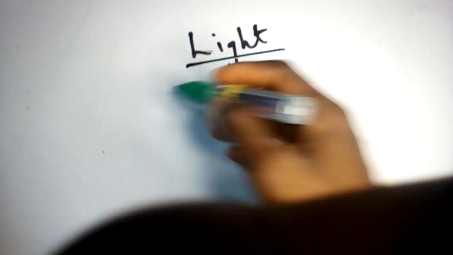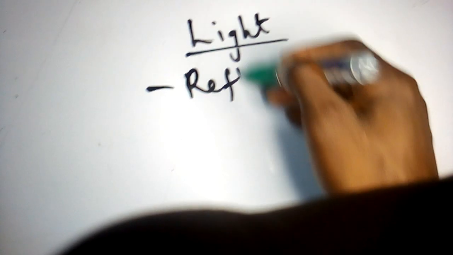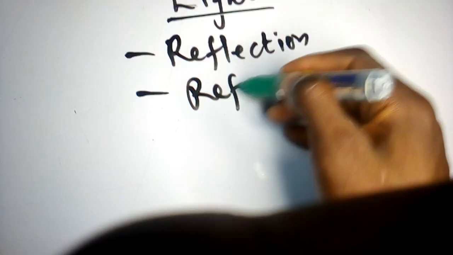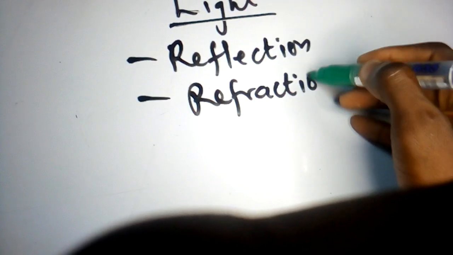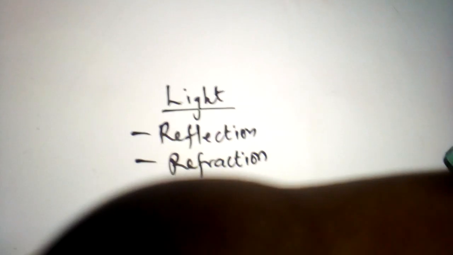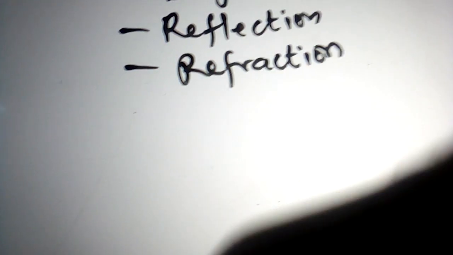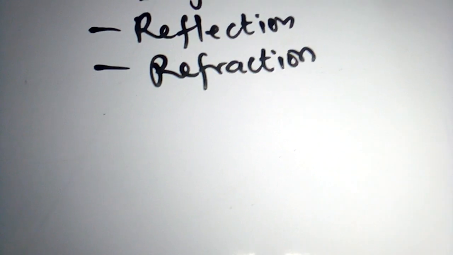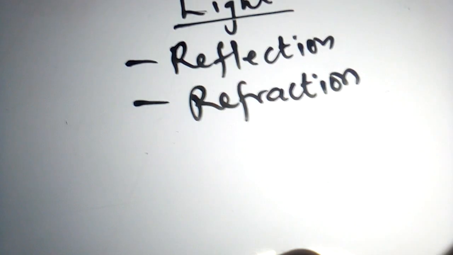So when you say light, the sensation in vision, we just want to talk about the reflection and then refraction. So now when light travels and hits an obstacle, the light tends to repropagate.